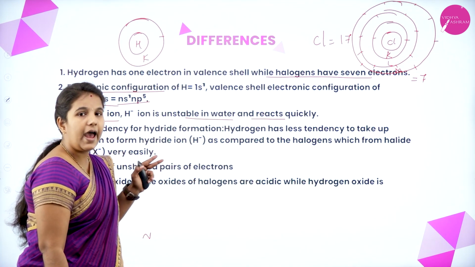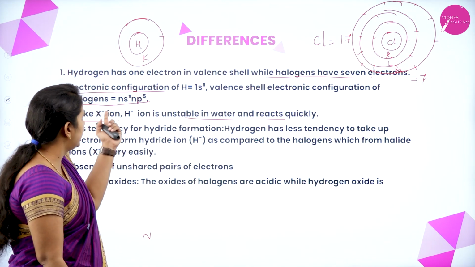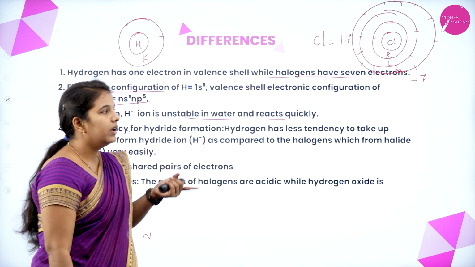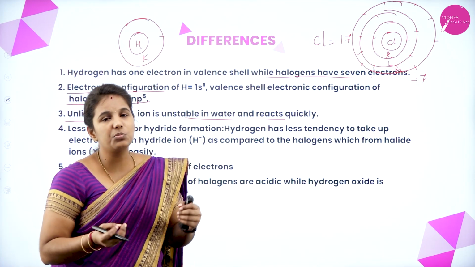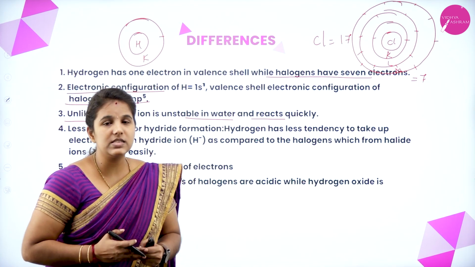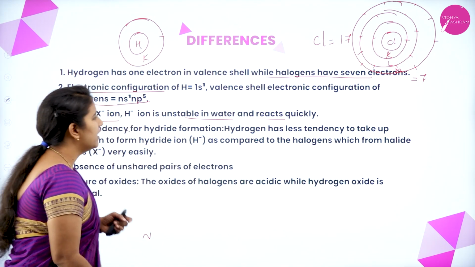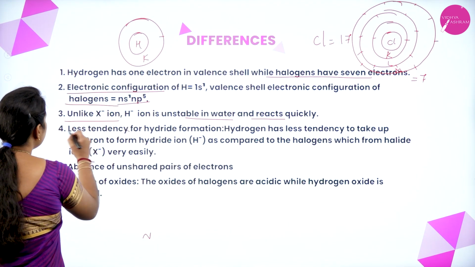We know that halogens can accept an electron and get a negative charge. Even hydrogen can accept one more electron and become an H- ion. Both are unstable and can easily react with water.